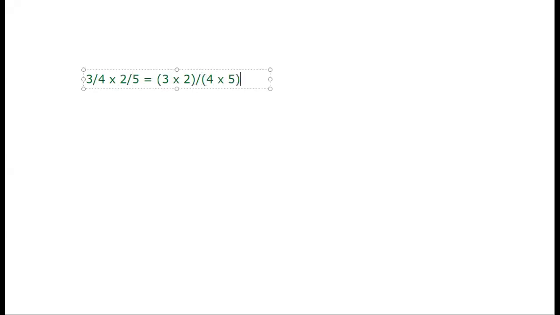That they have no problem with. However, if you have something like 3 by 4 times 2, then sometimes they get a bit confused whether to multiply this 2 with the top or with the denominator.